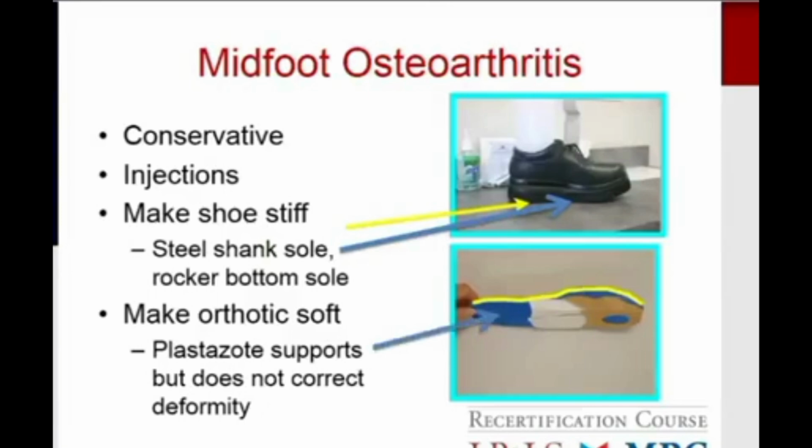The orthotic we make here for midfoot arthritis must be made of plastizote, a very soft material that allows accommodation of activities and takes stress off of those joint surfaces while not trying to overcorrect. If you try to overcorrect and push it up more aggressively, you'll wind up getting increasing pain across that mid portion of the foot. So use plastizote, make sure it's soft, make sure it can accommodate the ground surfaces in doing so as a conservative care option.